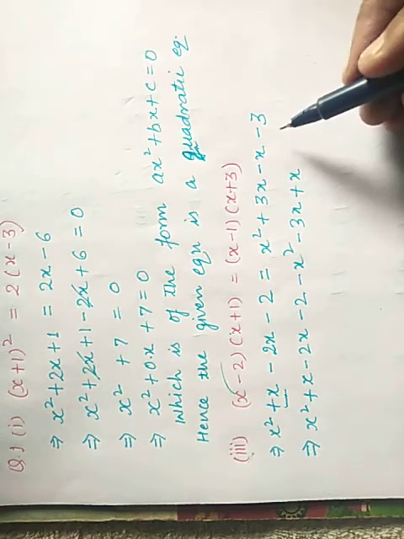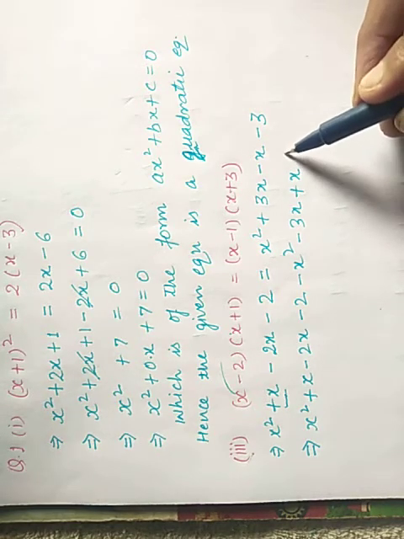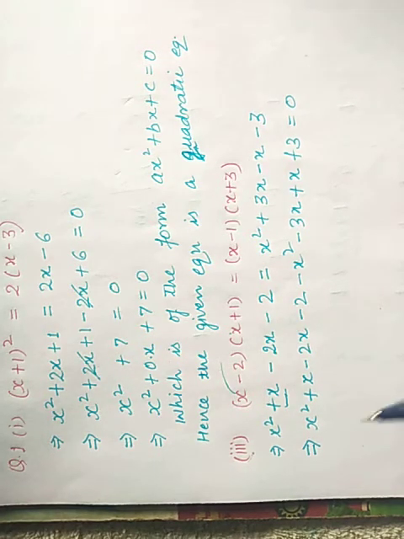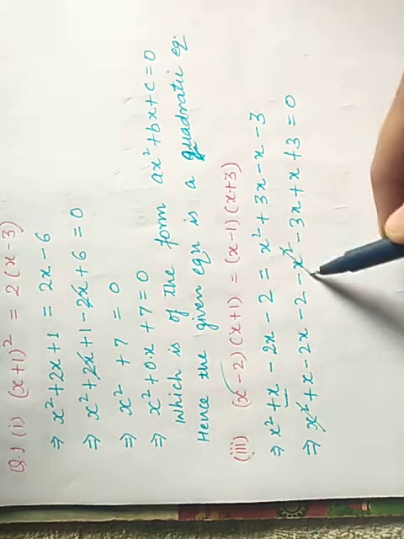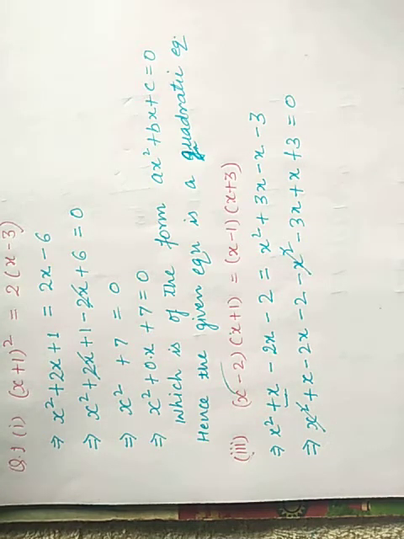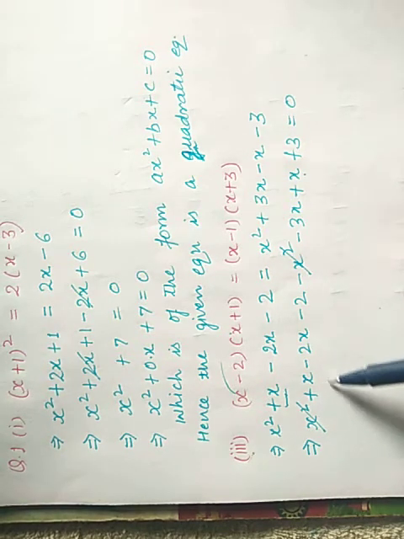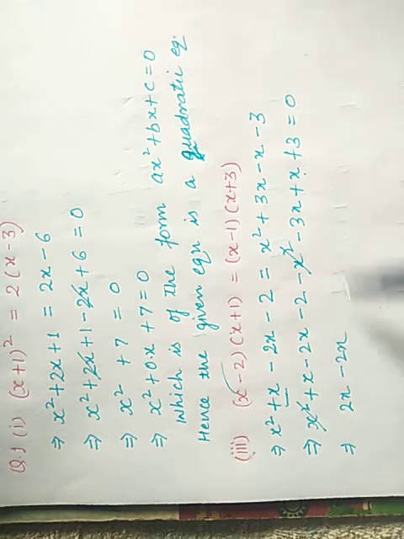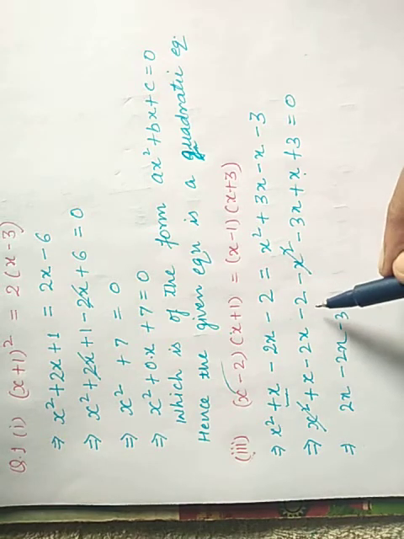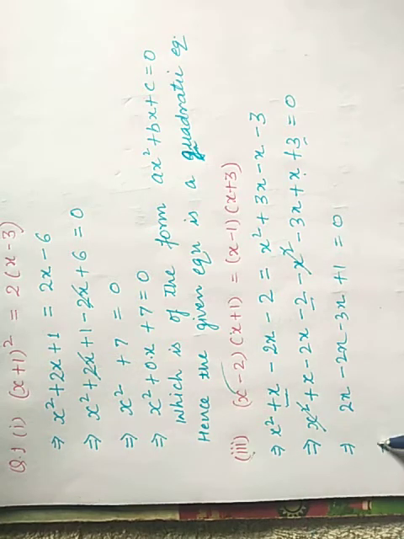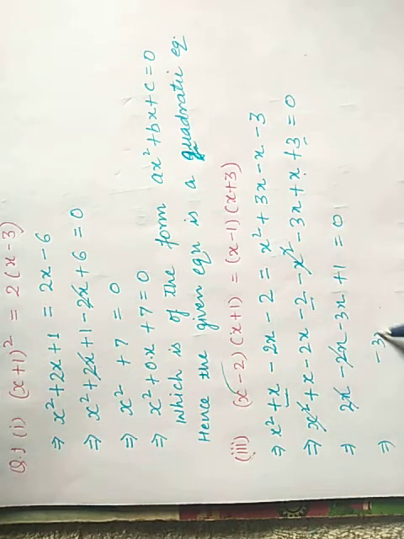Okay, and it will be here plus 3 equal to 0, right? Now x square of plus and x square of minus will cancel. Okay, x plus x will be 2x, minus 2x minus 3x. Okay, minus 2 plus 3 plus 1 equal to 0, and this will cancel and we will get minus 3x plus 1 is equal to 0.